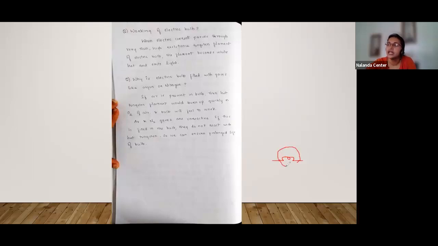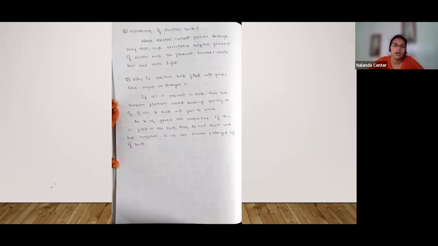So what are the inert gases? Argon or nitrogen, etc. Why is that so? Because if air is present, when tungsten gets heated up, it will start reacting with oxygen, and the tungsten burns up easily and it breaks. So if you fill it with nitrogen and inert gases, it prolongs the life of tungsten, because of which these inert gases are filled inside the bulb.